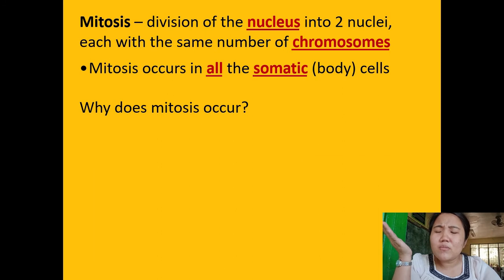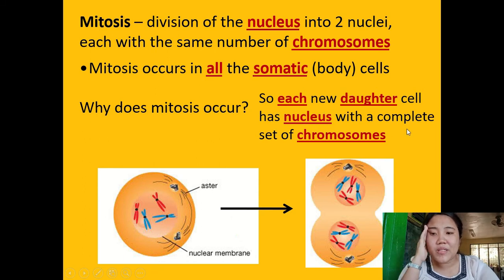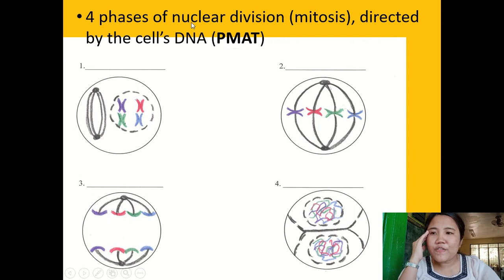So why does mitosis occur? The reason for mitosis to occur is so each new daughter cell has a nucleus with a complete set of chromosomes, like the picture I have given to you. So I have here four phases of nuclear division, mitosis directed by the cell's DNA.